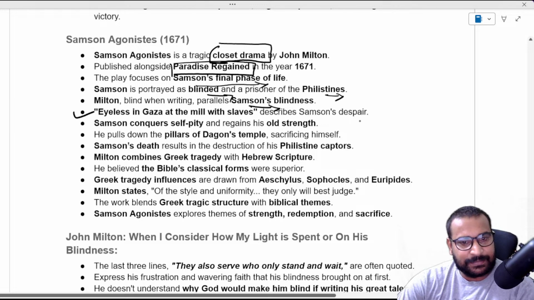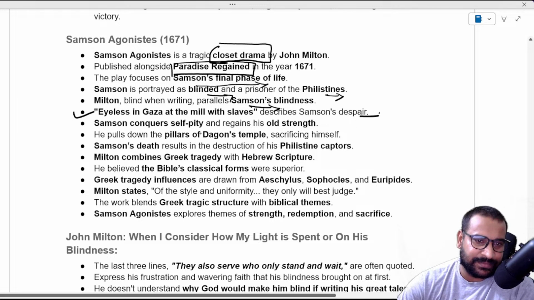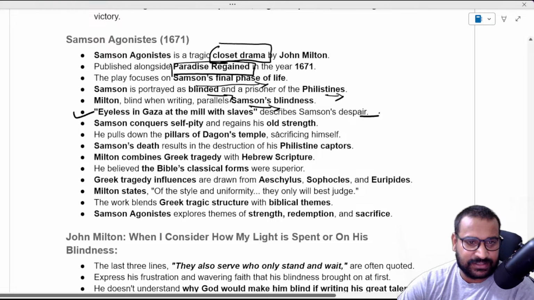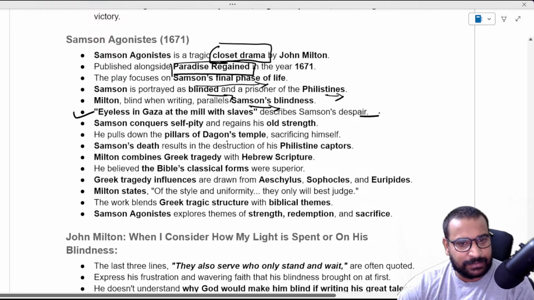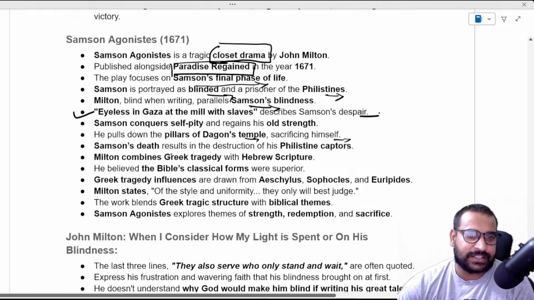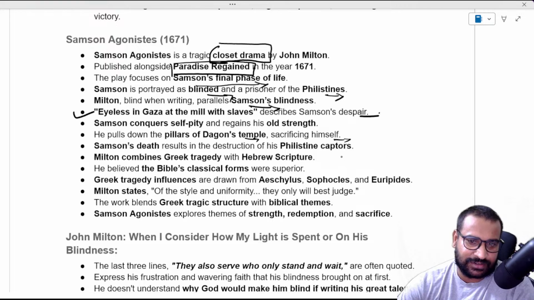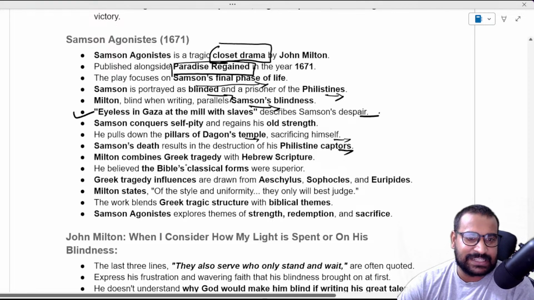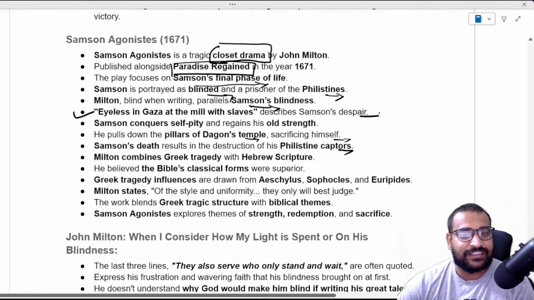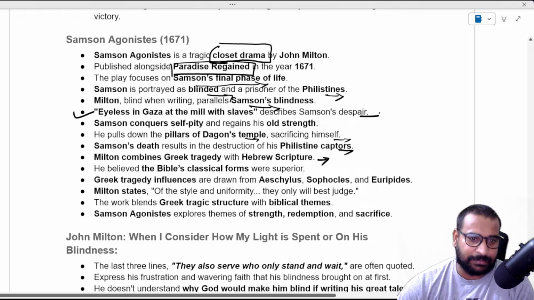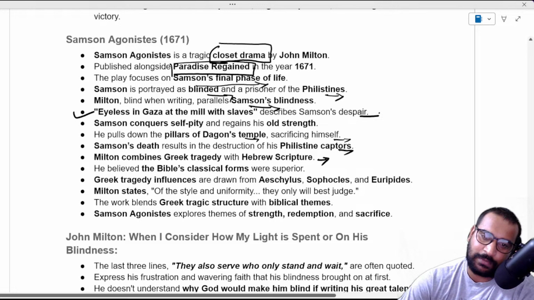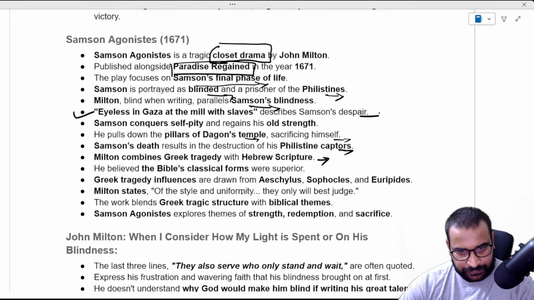It describes Samson's despair. Samson is in self-pity over his old strength. He pulls down the pillars of Dagon's temple, sacrificing himself. Samson's death results in the destruction of the Philistines' rapture. Milton combines Greek tragedy with Hebrew scripture, and he believed the Bible and classical forms were superior.